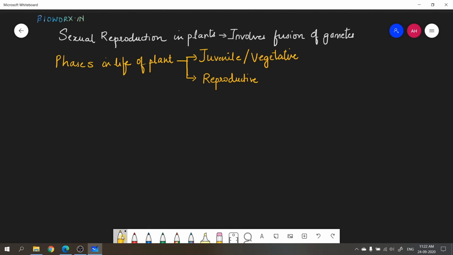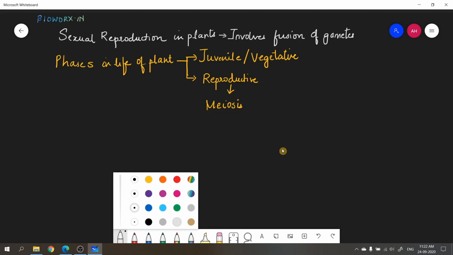But you need to make a note that before fusion of gametes, there is an important process called meiosis, which takes place in the reproductive phase.